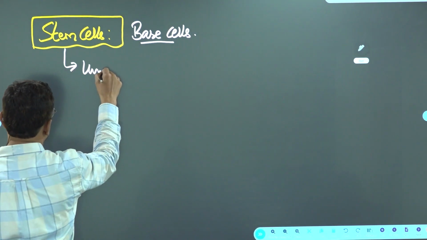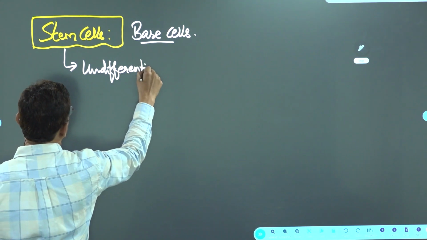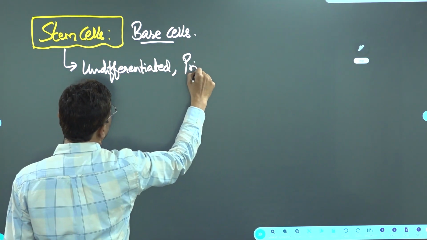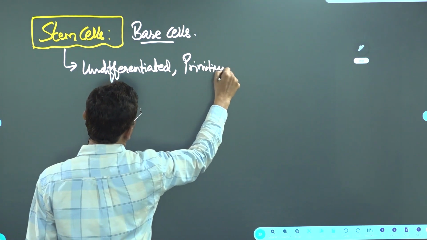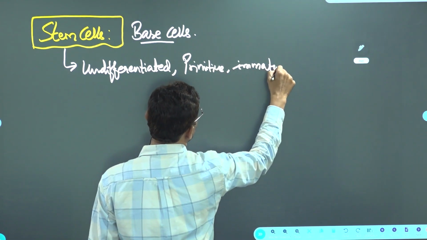These are undifferentiated, primitive, immature cells.